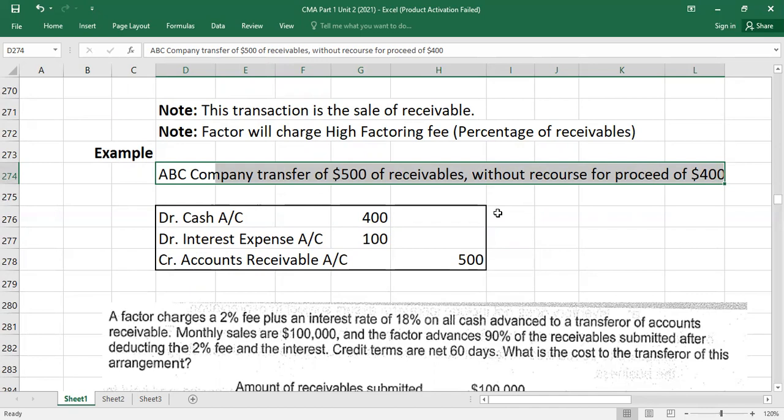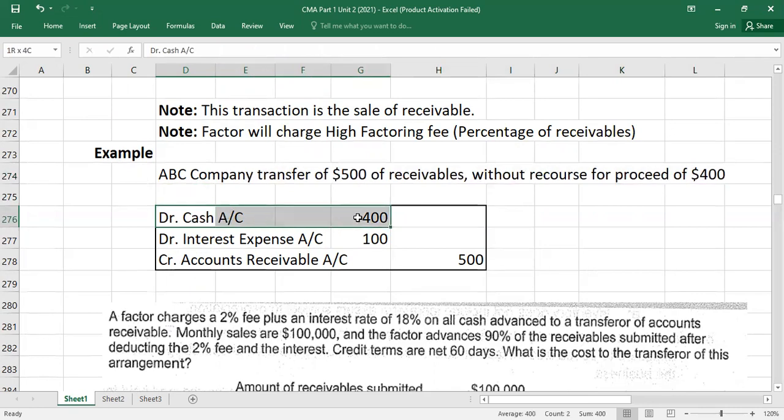So as a company, not as a factor, as a client who is hiring the factor, first we will record a debit to cash of $400, and a credit to accounts receivable of $500, because you are going to de-recognize the receivable from the seller's books. It qualifies as a sale of receivable. Now you can see there is a difference.